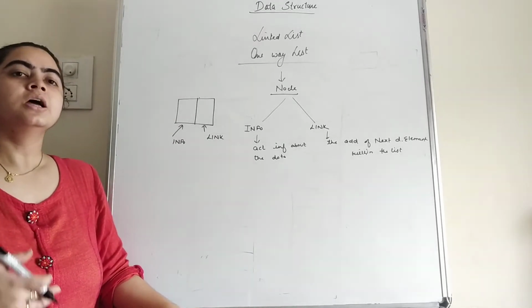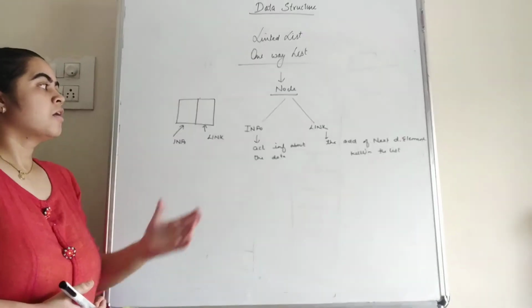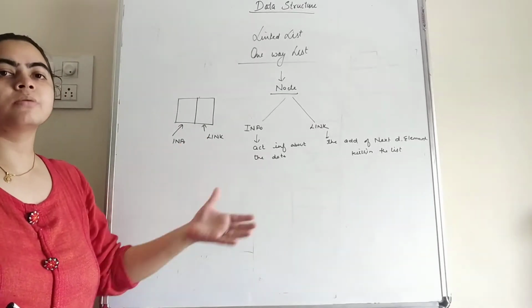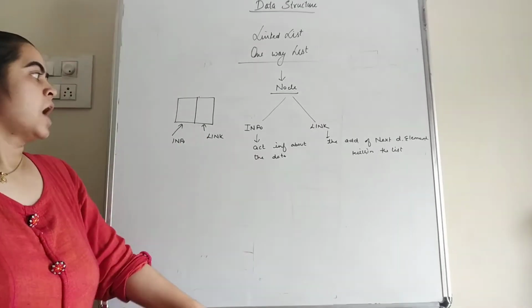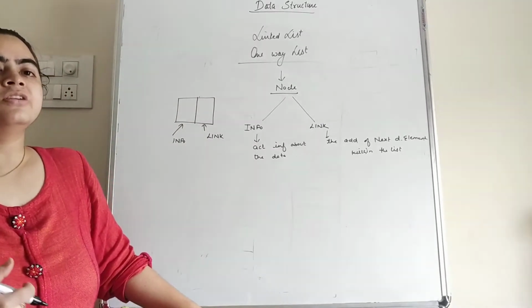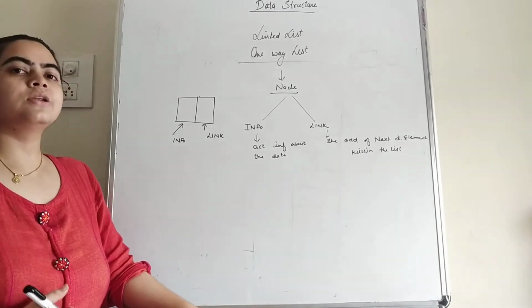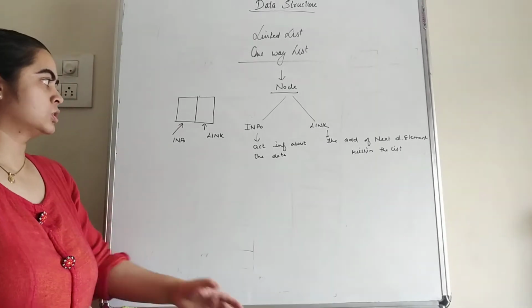So address is either in hexadecimal form or in some other numbers, while information may or may not be in numbers. And that is the property of the array. In one array we can store only one type of data. Either we can store number values or we can store character values.